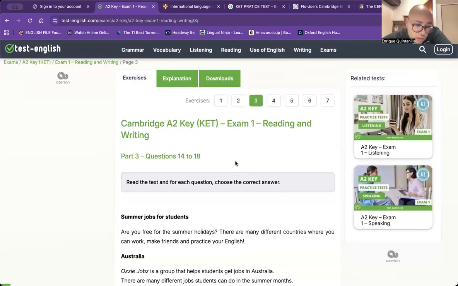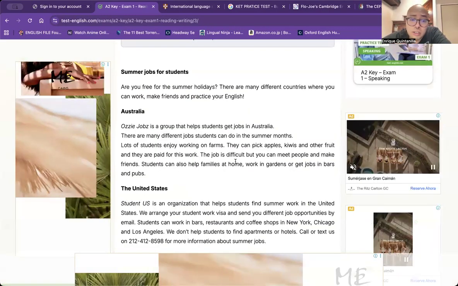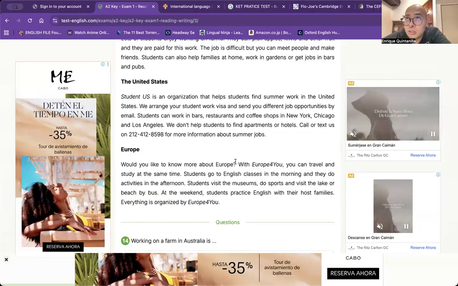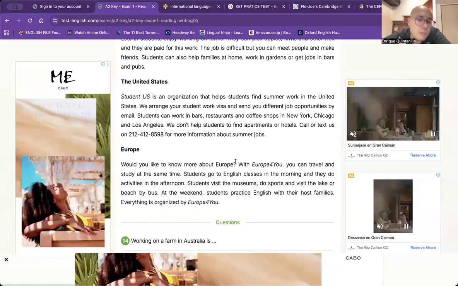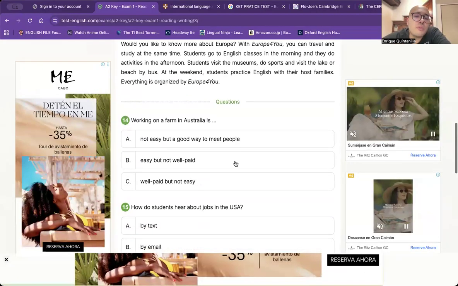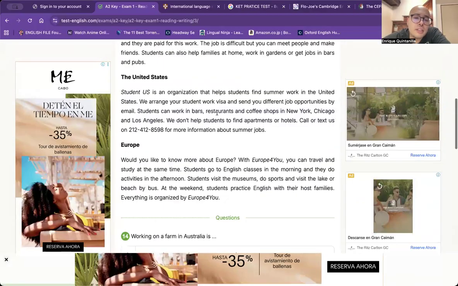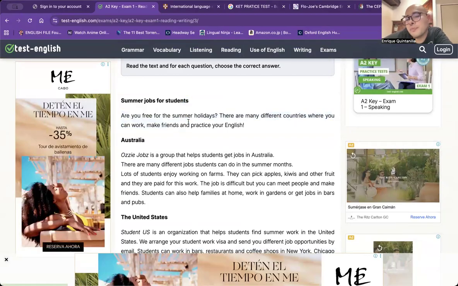Basically, you have to read the texts carefully, the different paragraphs. Sometimes it's about countries, people, interests, whatever, but you have to be careful. I always recommend that when reading a text you first skim it.